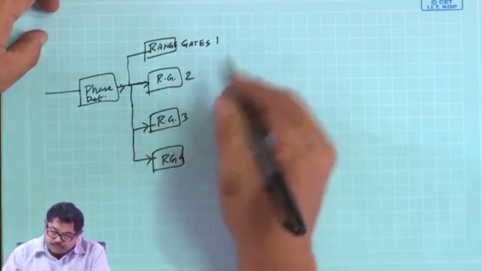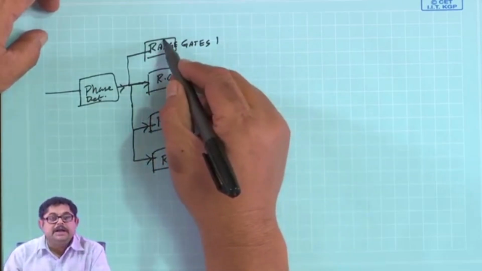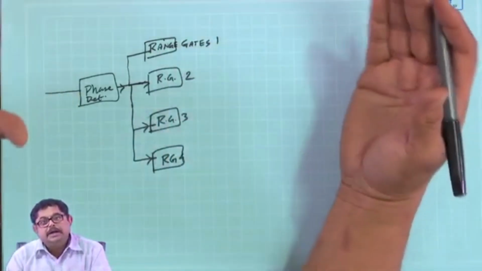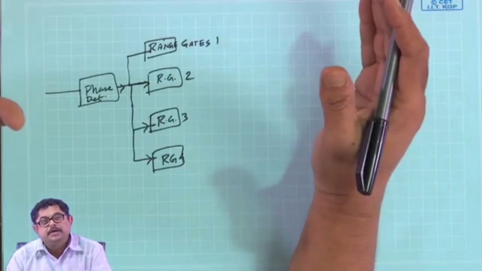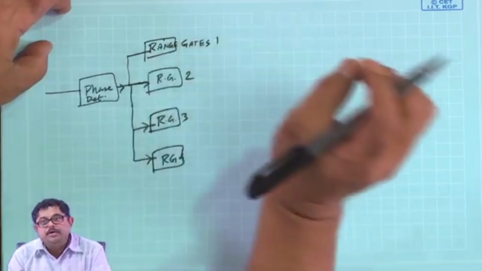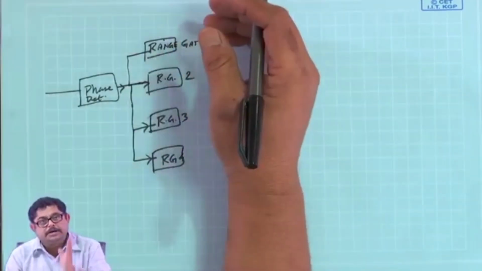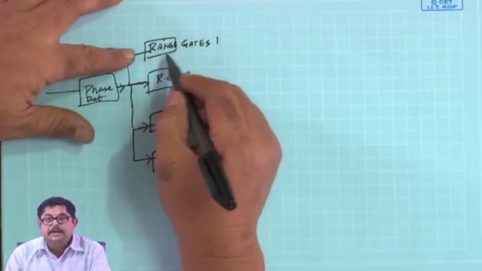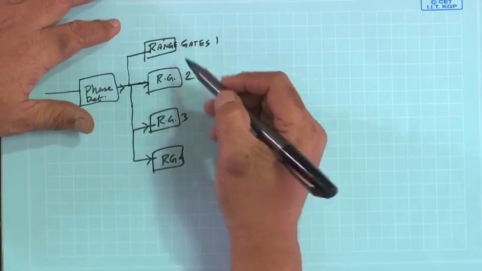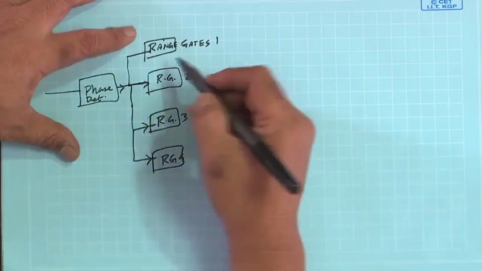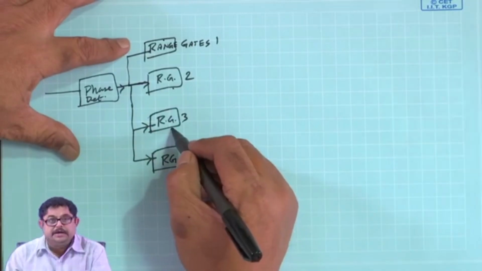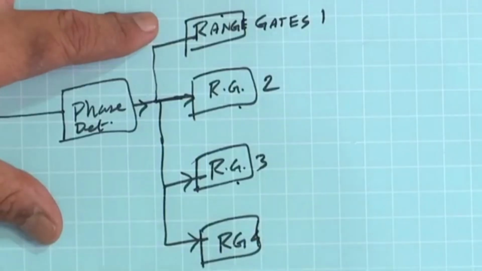Now, this range gate is nothing but a switch. So, I know the time when, if there is a target from 100 to 200 kilometer, it will come after the transmission of my pulse. During that time this range gate will be on, then after that it will be closed and the second one will come. After that range gate 3 will be on similarly.